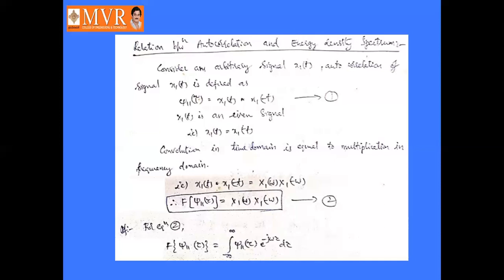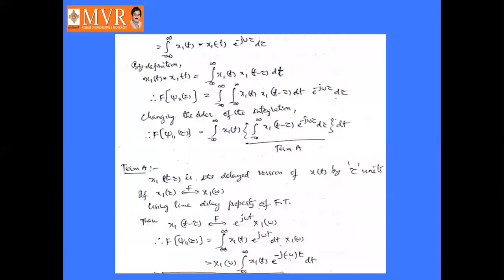So Fourier transform of J11 of tau is equal to integral from minus infinity to infinity J11 of tau into e power minus j omega tau d tau. So it is equal to integral of x1 of t convolved with x1 of minus t into e power minus j omega tau d tau. But by definition of convolution, it will become integral from minus infinity to infinity x1 of t into x1 of t minus tau dt.